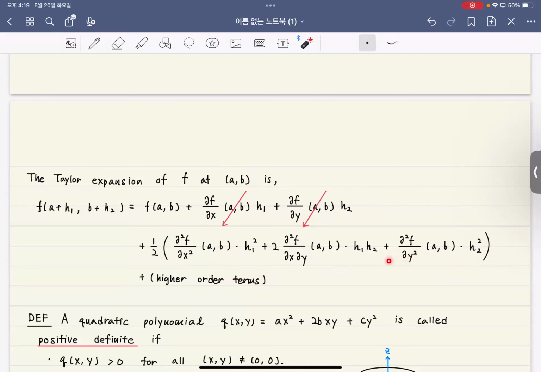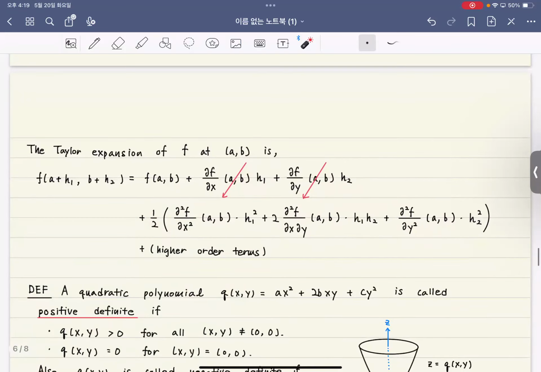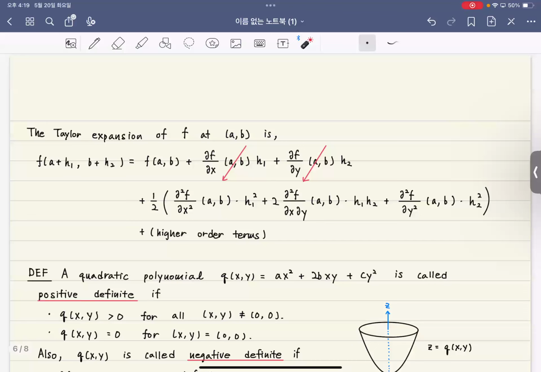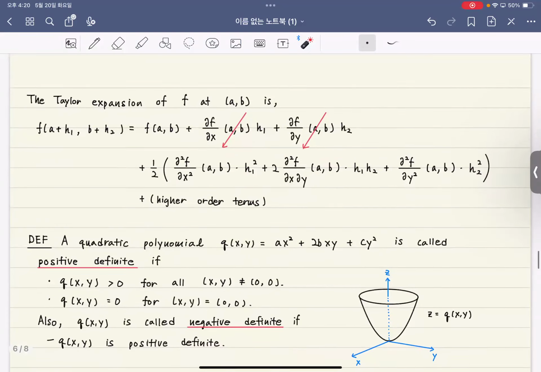This polynomial actually governs the behavior of the function. So in order to study the behavior of the function, we need to study this polynomial of degree 2. We give a very interesting name to this polynomial.